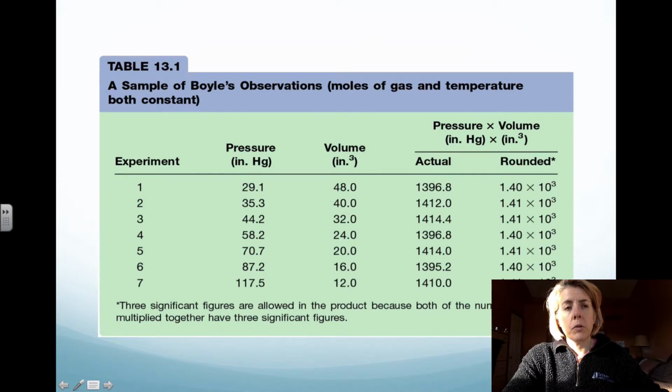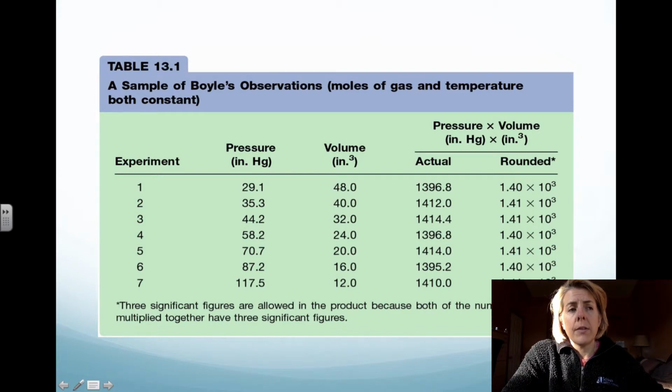Now we're going to switch to another description of gas behavior, and this is Boyle's observations. This is something you're going to do in the lab yourself. With your experiment, when you multiply pressure times volume, the number you get is about the same. It doesn't fluctuate very much. You might say these numbers look different.